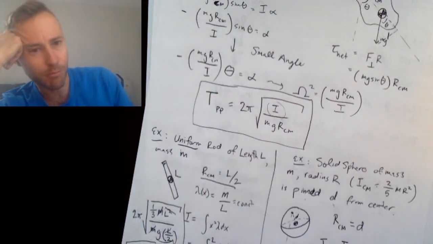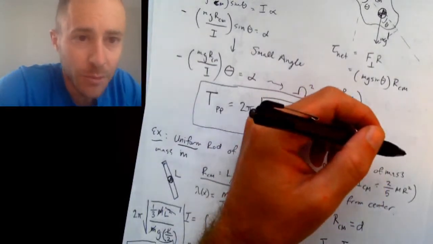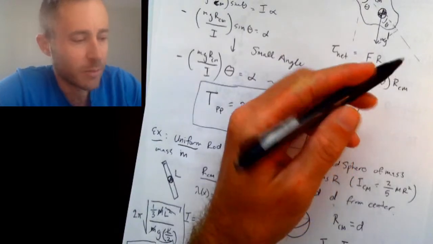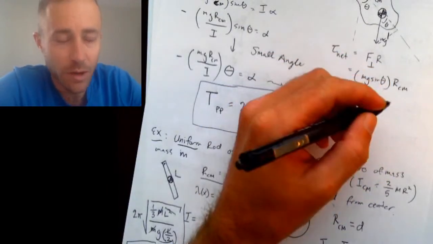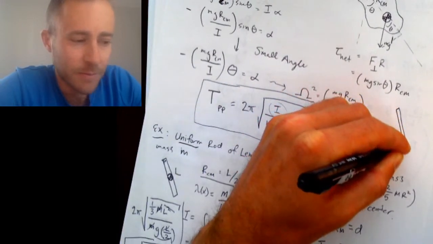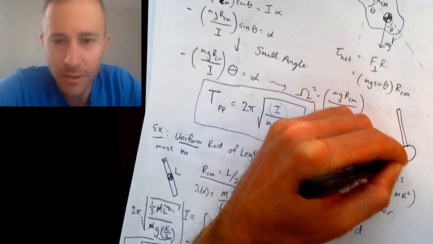Another type of problem that shows up is you might have some composite object. For example, what if you have a grandfather clock? Something like a rod, and then at the end of the rod is a mass like this.